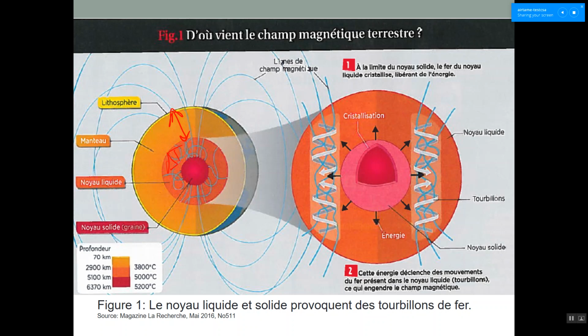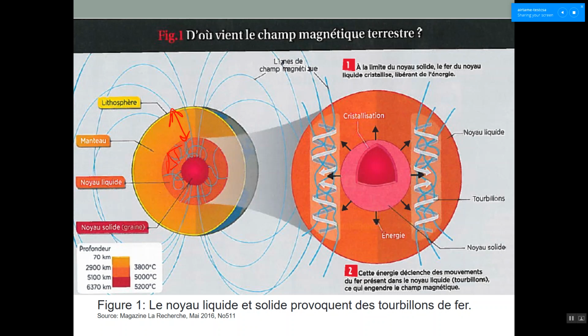There is a huge change in temperature, really hot here, really cold here, and so you have this convection. You guys know what convection currents are? When a liquid or a gas is in contact with a very hot side and a very cold side, and then there's movement of the particles because of that change in temperature. It has to do with density and all sorts of other thermodynamic principles.